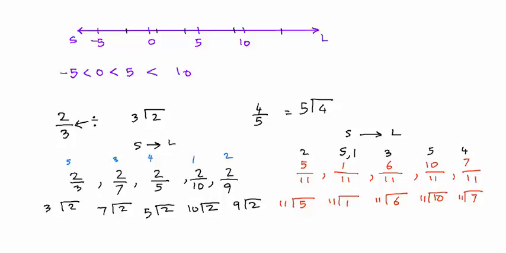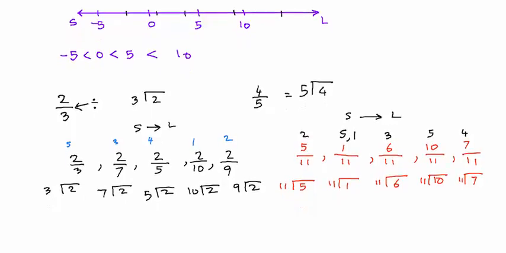And then the final question is, how would you compare fractions that have different numerators and denominators? For example, how would you compare 2/3 with 3/4? Neither the numerators are equal nor the denominators.